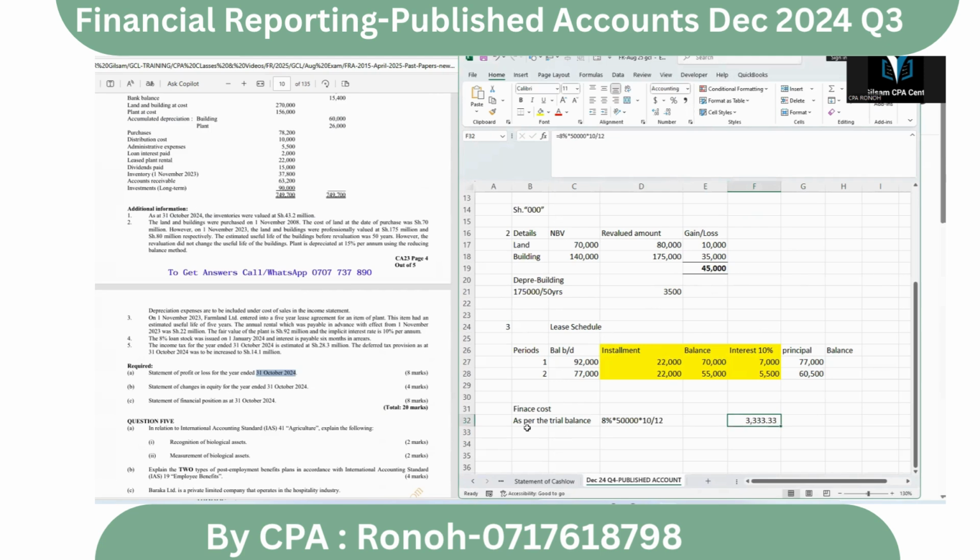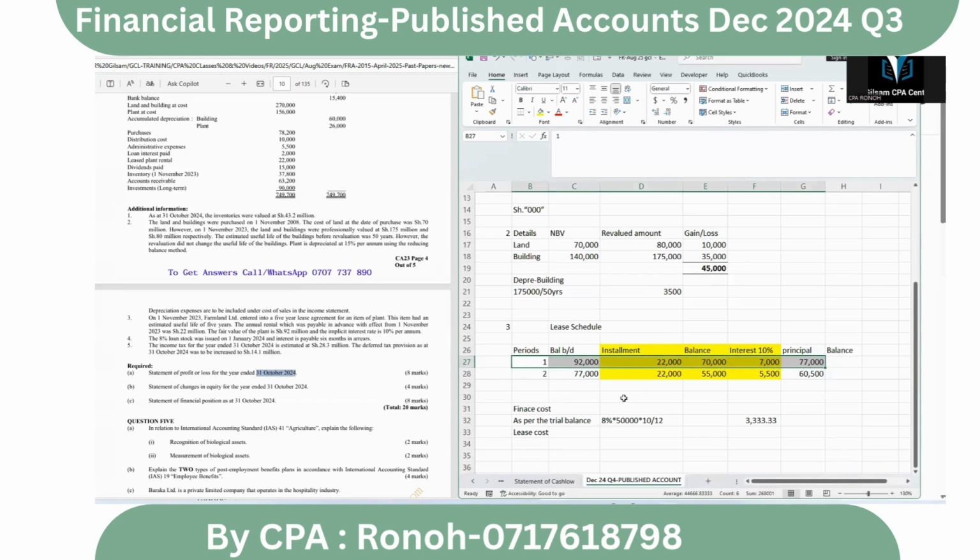Now, before we look at whether there is an accrual, that is the finance cost as per the trial balance. We have the lease cost, which one are we accounting for the lease cost? We are accounting an interest, which is 1 year. Remember, expenses, you only account for one financial period.